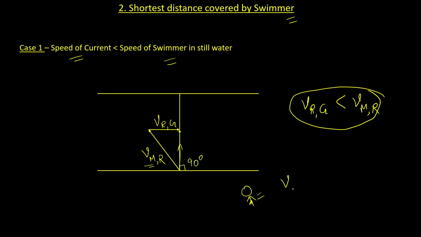But velocity of swimmer or man with respect to ground must be in this direction, that is, perpendicular to the horizontal, perpendicular to the speed of current. In this case, you can say that the swimmer is actually swimming the shortest distance possible.